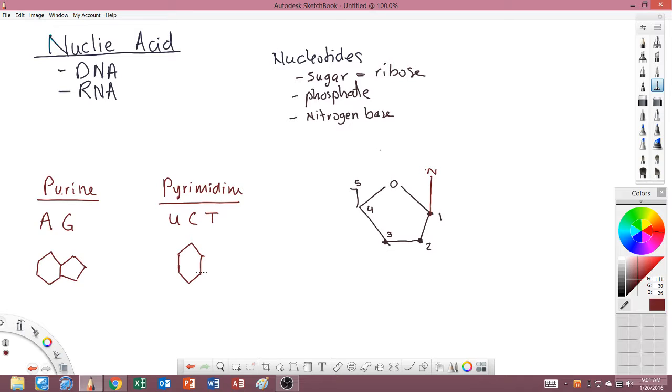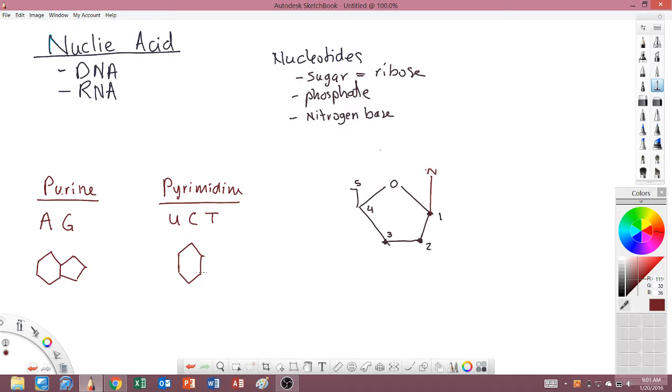So think pure for purine, G for guanine, and A for adenine. A and G are pure gold. They're purines, number 1, and also they have 2 rings. Okay, just for mnemonic purposes, just to help you, if you want to forget it later on, because you might want to put some more important information in your head later on in life. Okay.